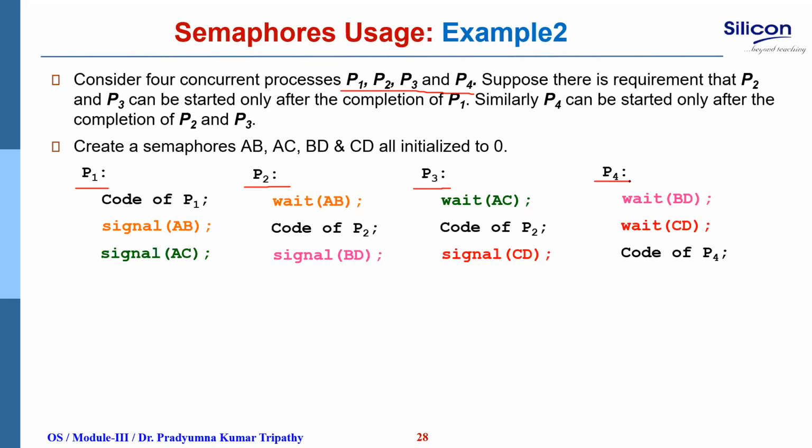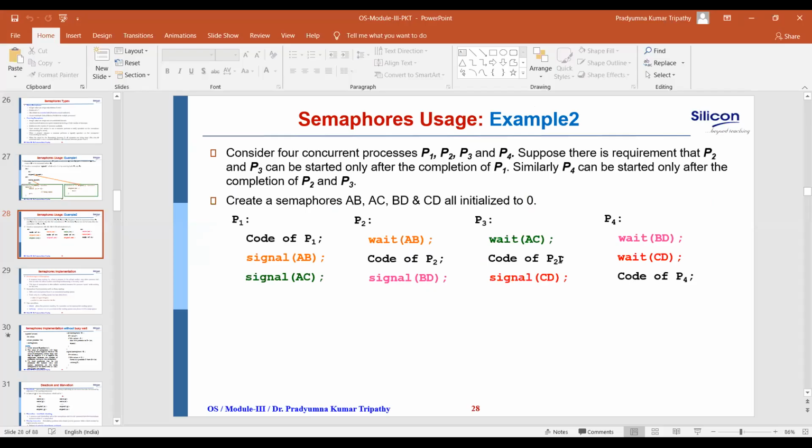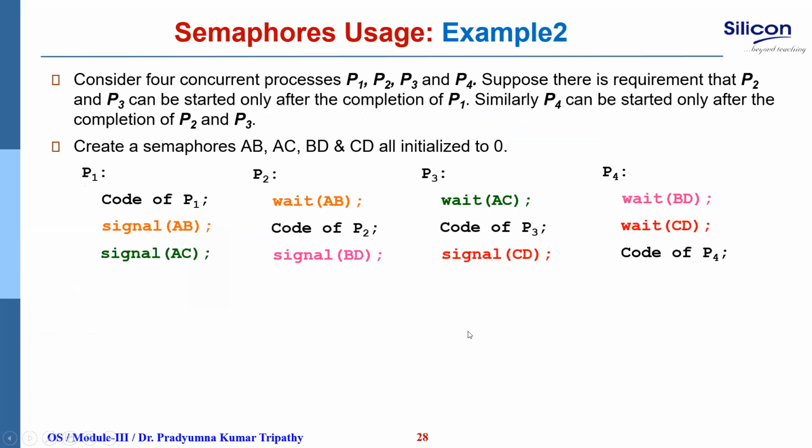Each process also has its code: the code for P1, the code for P2, P3 and P4 are all there. The code of the processes is given.